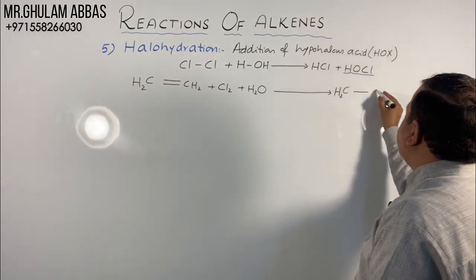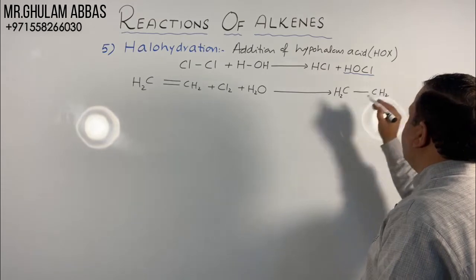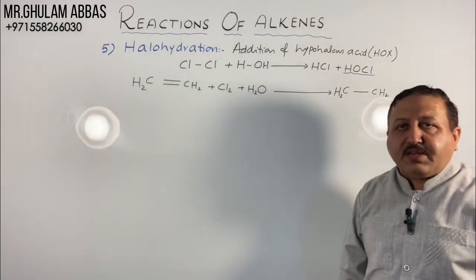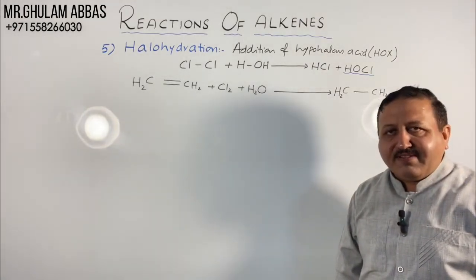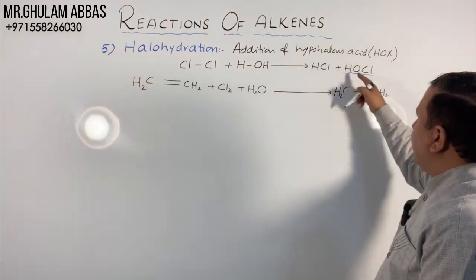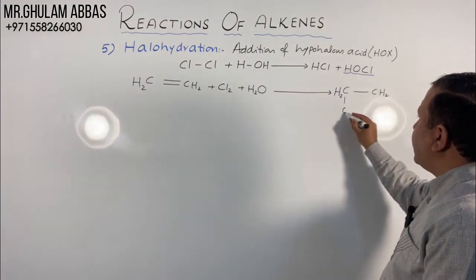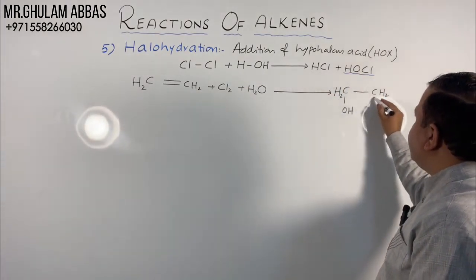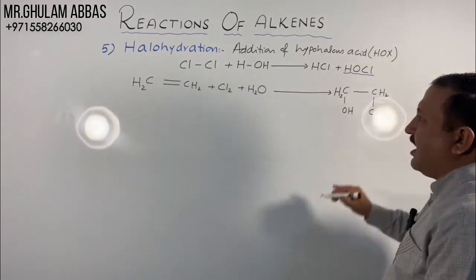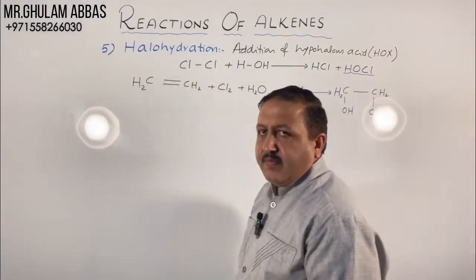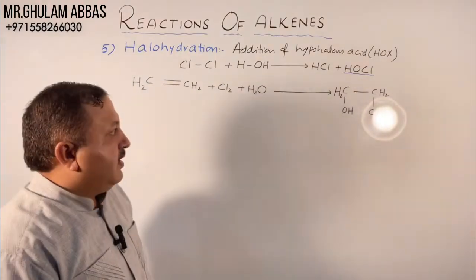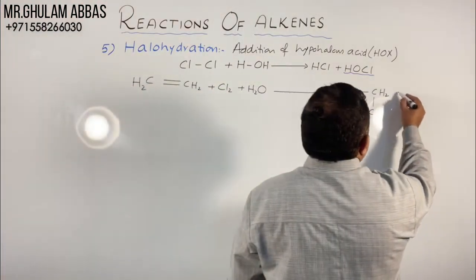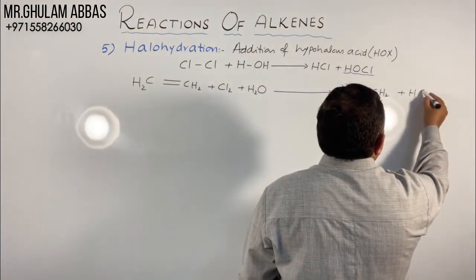CH2 single bond CH2. In all addition reactions, double bond is converted into single bond. OH becomes attached with one carbon, Cl becomes attached with the second carbon. And side product will be HCl.